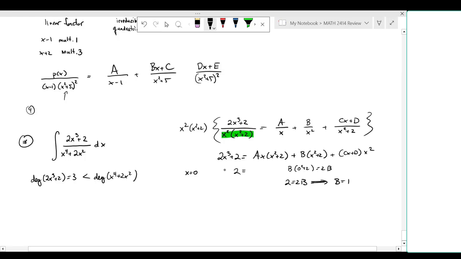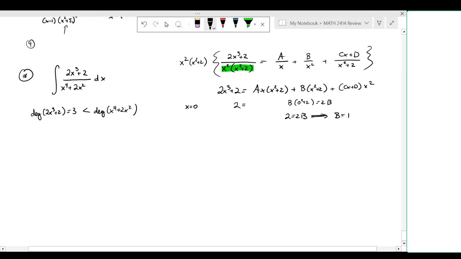Okay, but here, because we have x squared quadratic terms, I'm just going to use the other method. So what's the other method? It's just to multiply everything out, and then say that polynomials are equal if and only if the corresponding coefficients on either side agree.